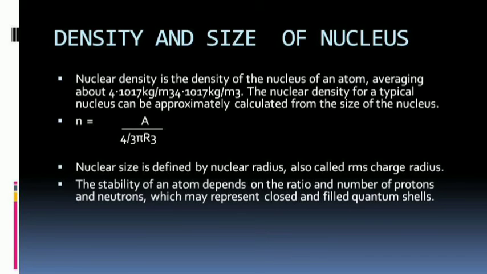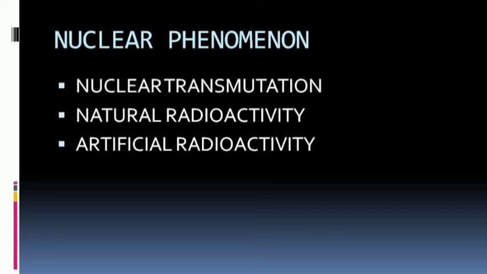Density equals A upon 4 by 3 pi r cubed is a formula to indicate nuclear size and density, and nuclear size is defined by the nuclear radius, also called the RMS charge radius. The density of an atom depends on the ratio and number of protons and neutrons, which may represent closed and filled quantum shells.